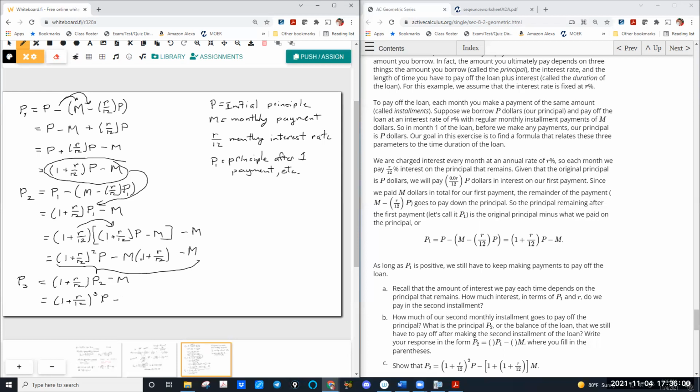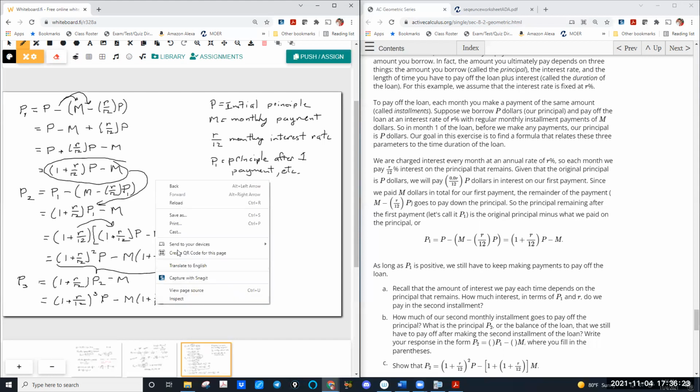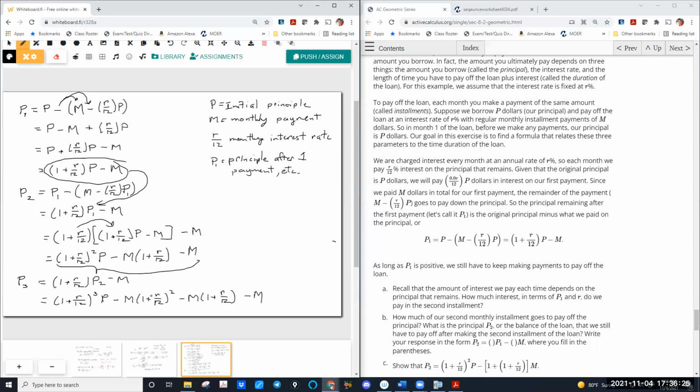And then here's where it really gets interesting. You'd have M times 1 plus R over 12 squared, minus M times 1 plus R over 12, minus M. And here's where the pattern really starts to emerge. Remember what we said before about exponents.